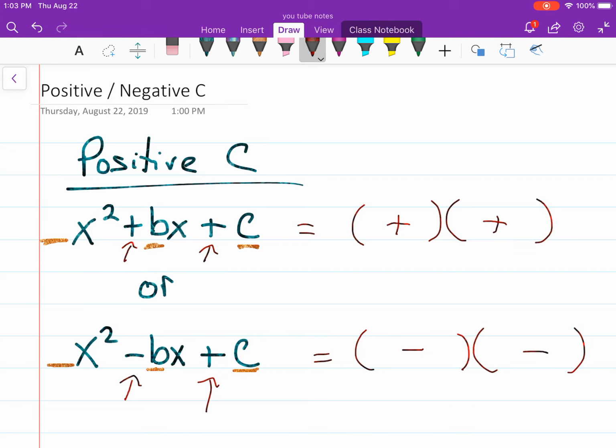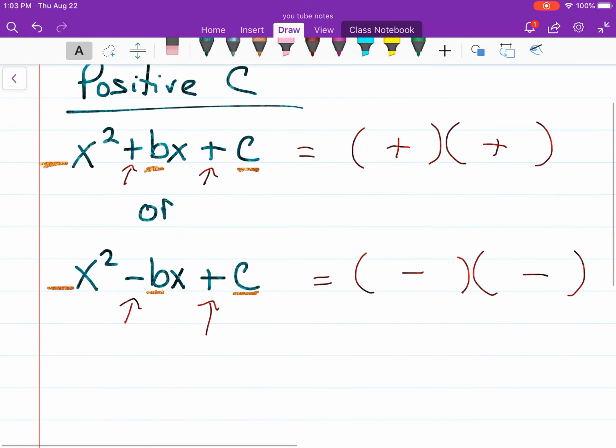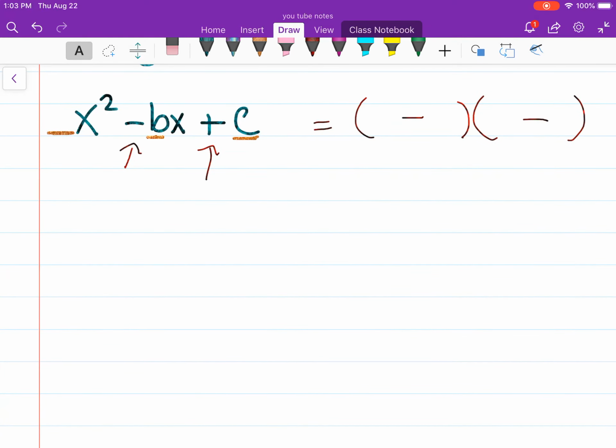So let's see this in action with a couple of problems. All right, we will do y squared plus 14y plus 40.